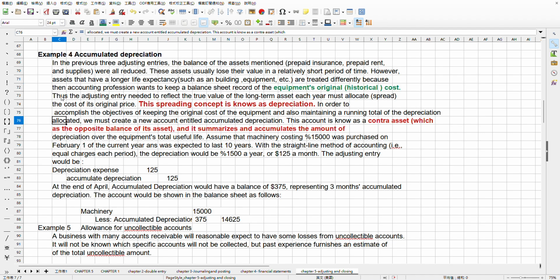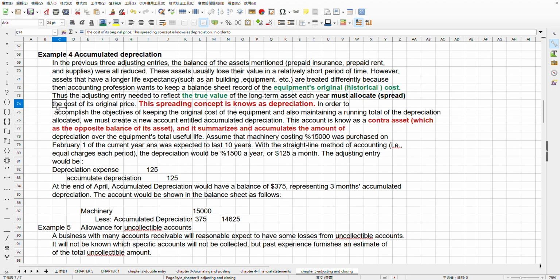An adjusting entry is needed to reflect the true value of the long-term asset. Each year, part of the cost must be allocated. Spread the cost of the original price. This spreading concept is known as depreciation.